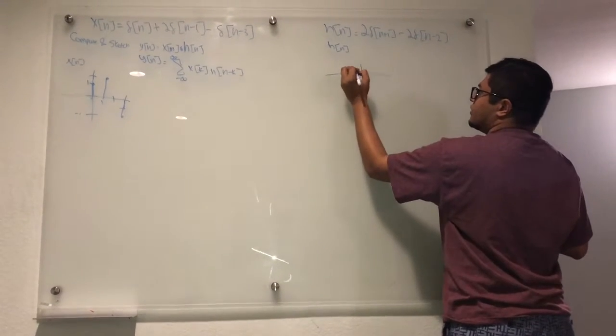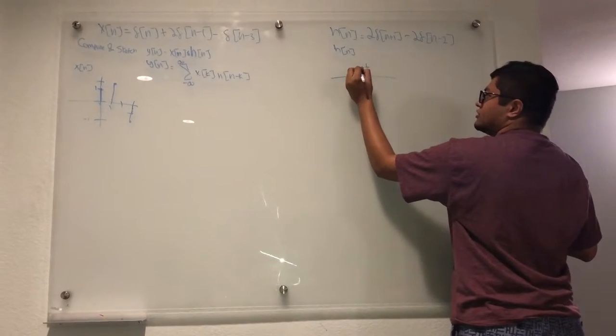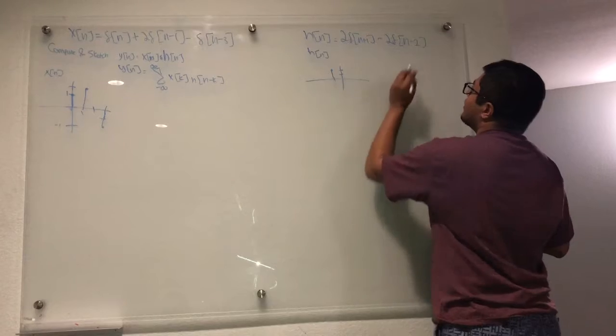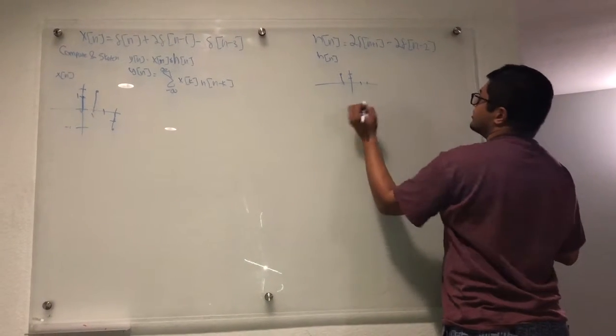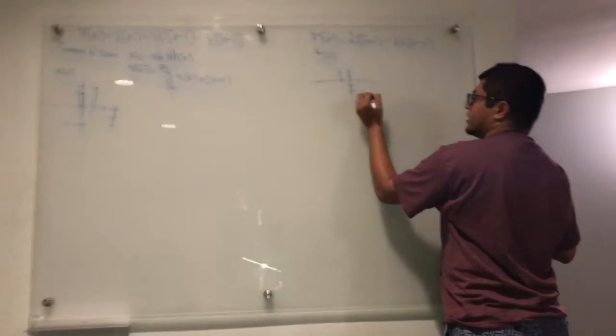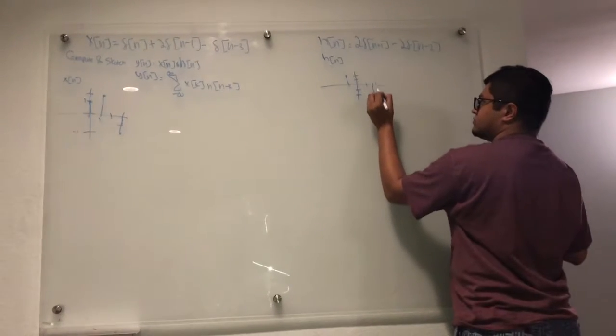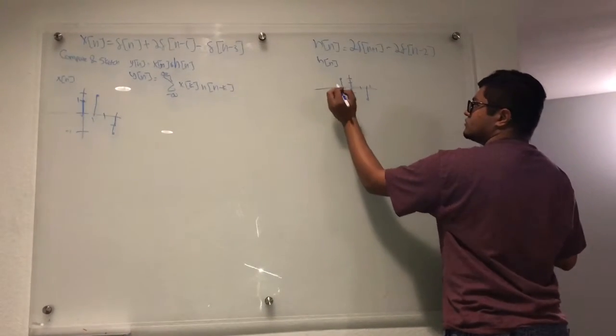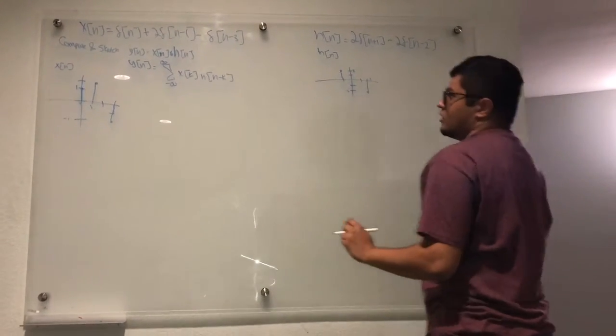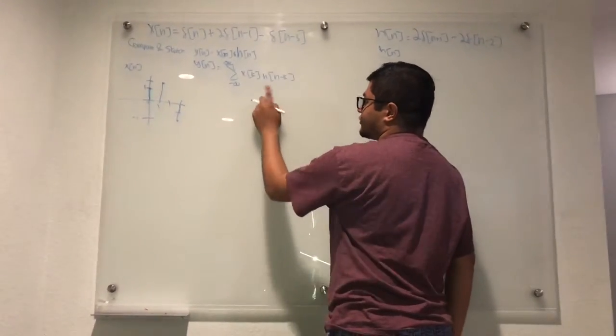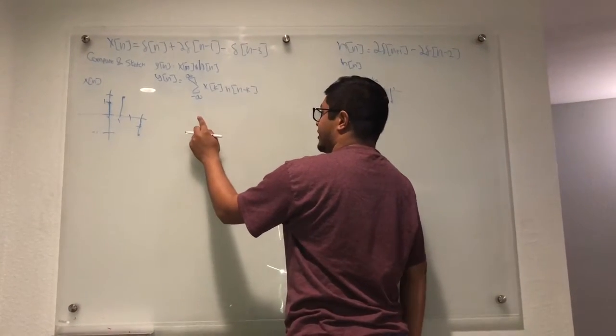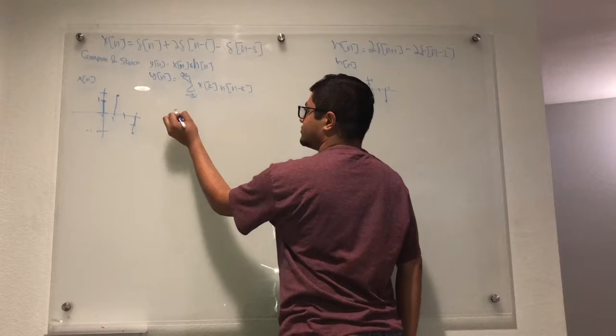At negative 1, the magnitude is 2. And at 2, the magnitude is negative 2. Now, let's use this formula for values where x of n is not equal to 0.